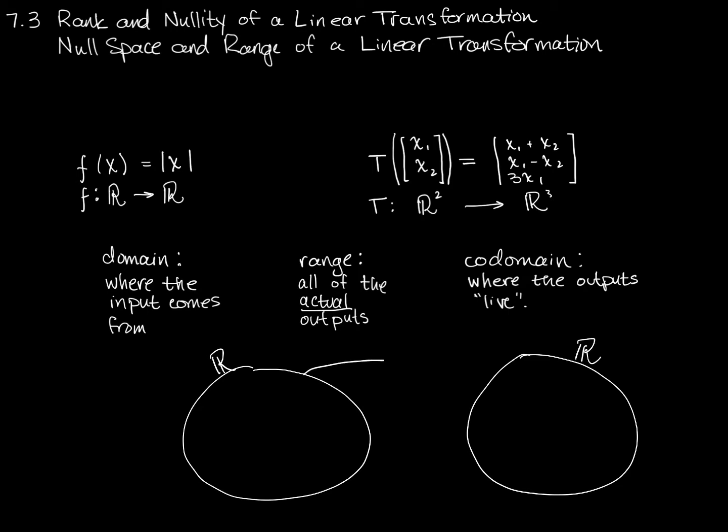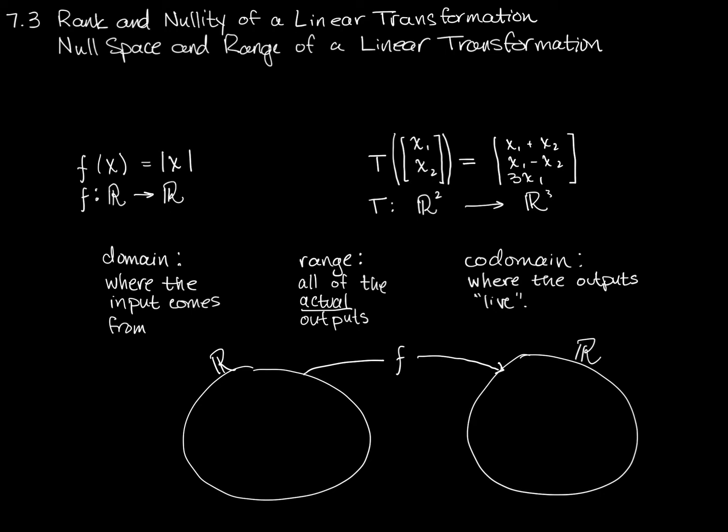This function takes numbers from the domain, does something to them, transforms them, and puts them into the codomain, or they end up in the codomain. That's where they live. So all of my inputs here are going to be real numbers, and all of my outputs are also going to be real numbers.